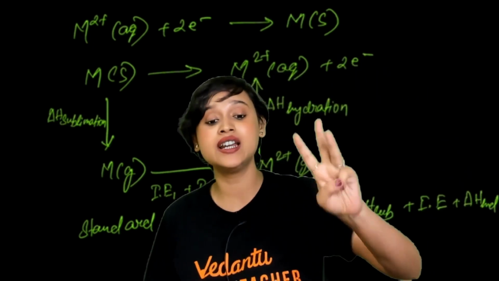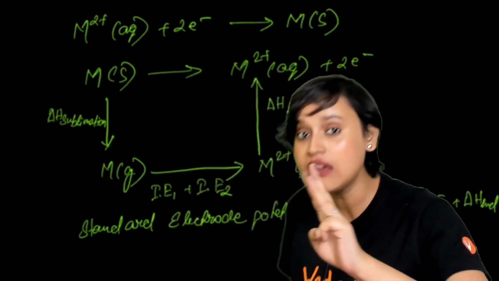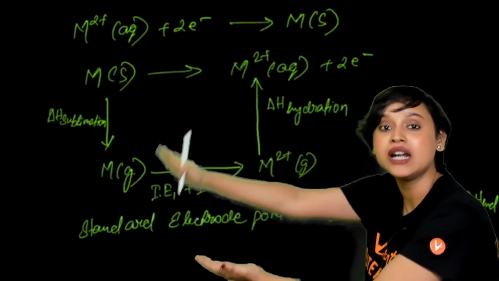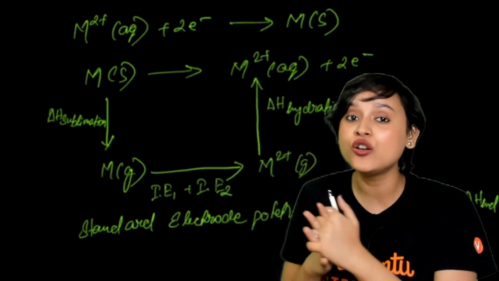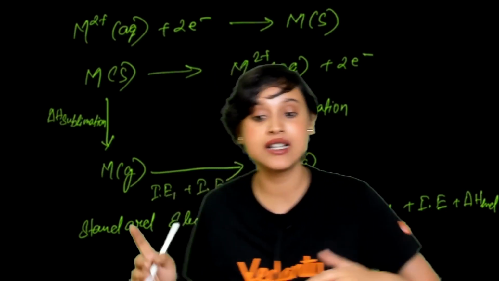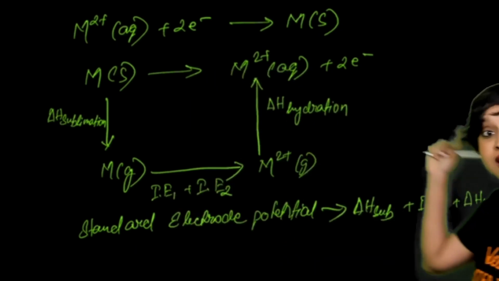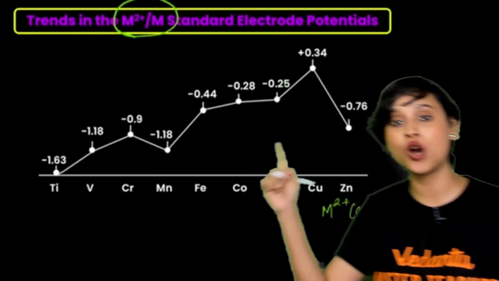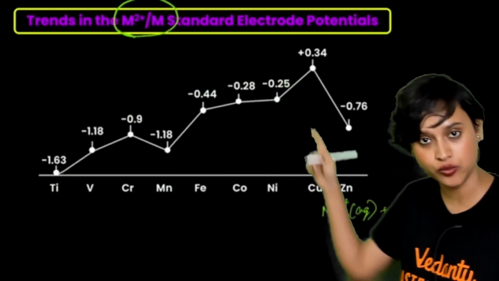There are 3 energies that are working here to take the metal to its solid state or to take it to the aqueous state. Are you understanding? Is this clear, everybody? It's such a long process. And because of this long process, you get the standard electrode potential.